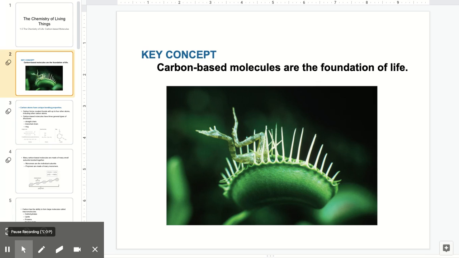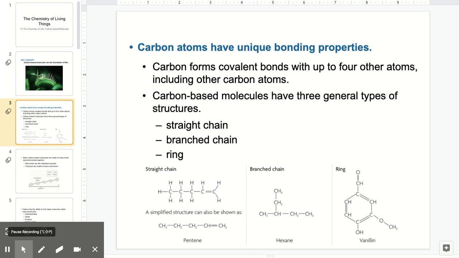All living things are made of carbon. We say that carbon is the foundation of life, and it's a pretty remarkable element. It's got some really unique bonding properties that lend itself to making these relatively complicated chemical structures.